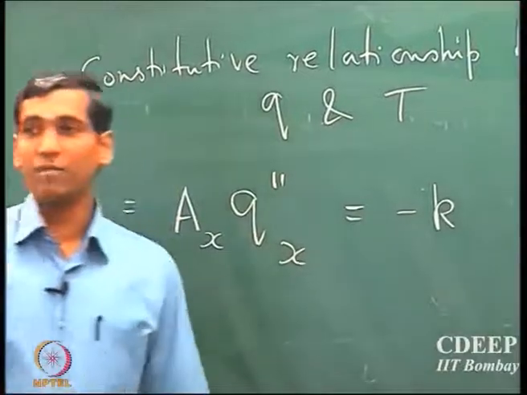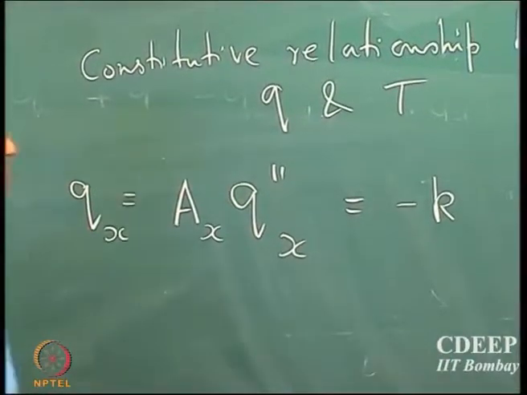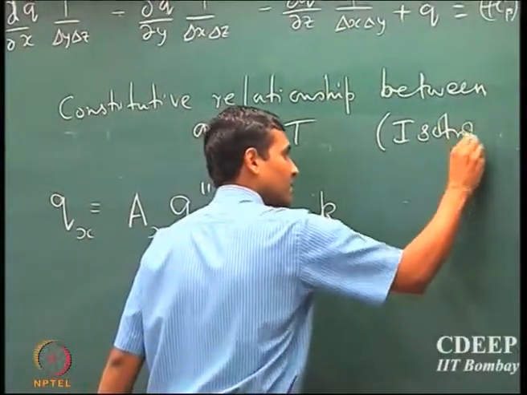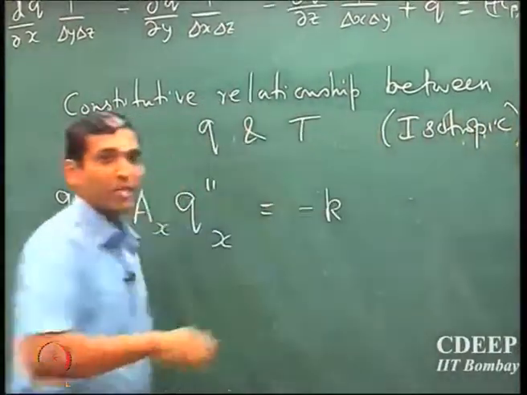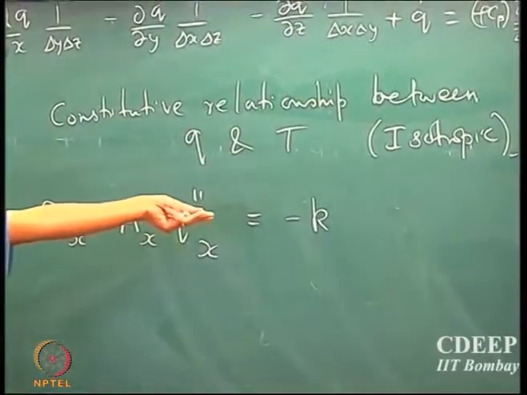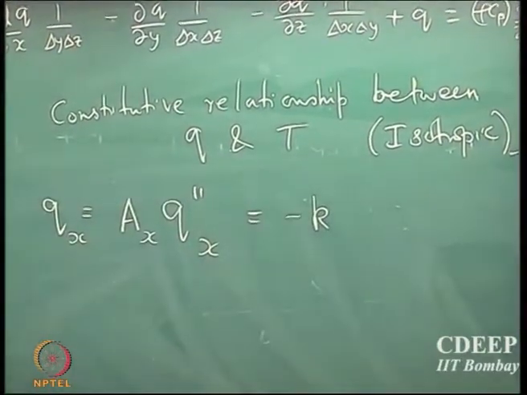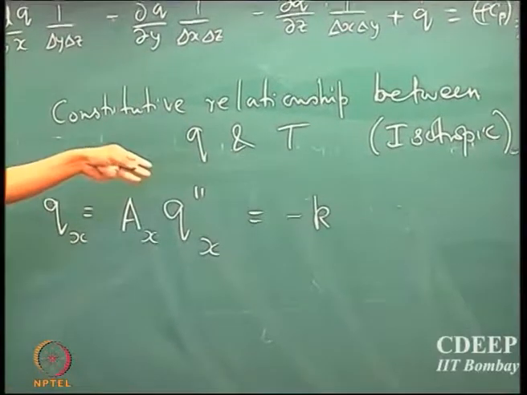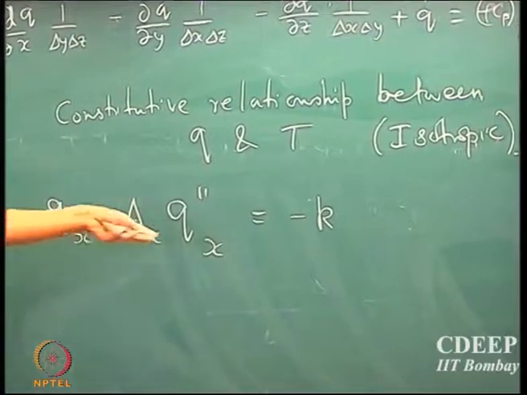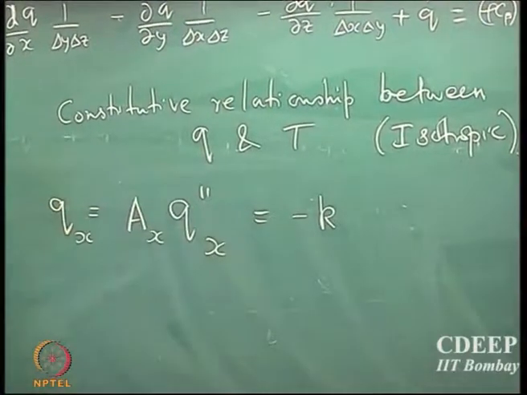Supposing I assume that the system is isotropic, there is no reason that you should not assume it, but let's say that for simplicity we assume that it's an isotropic system, although the framework does not change whether the system is isotropic or non-isotropic.